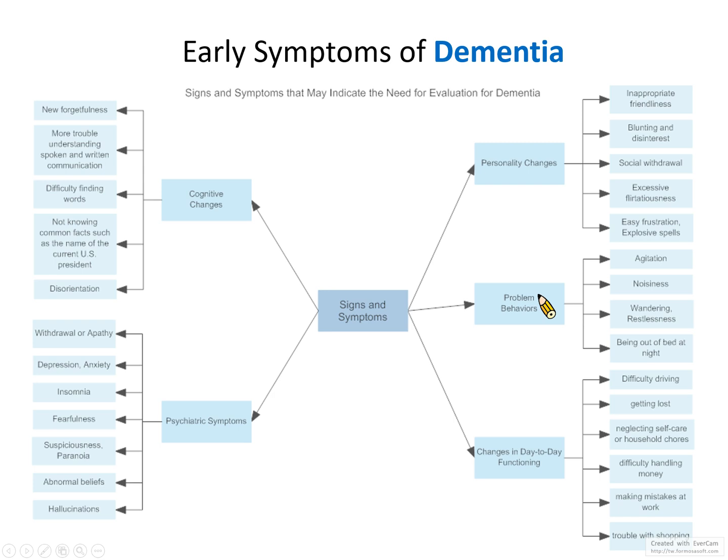And so let's try to give a very detailed explanation of the early symptoms of dementia. As I said, dementia is not just about the cognitive changes. It will also affect whole brain functions.